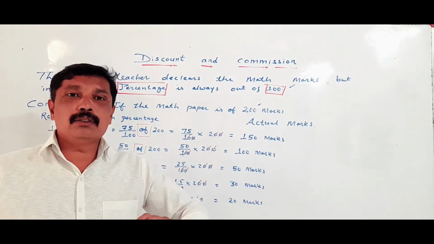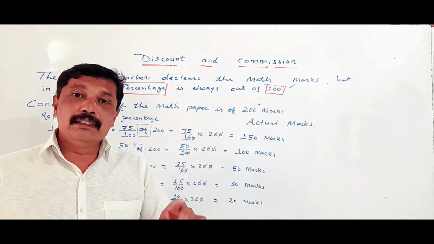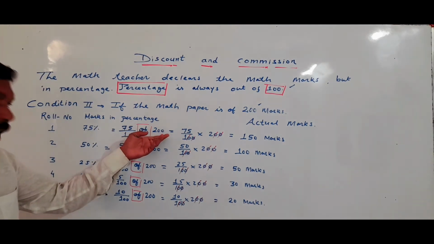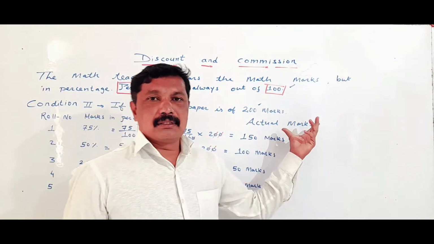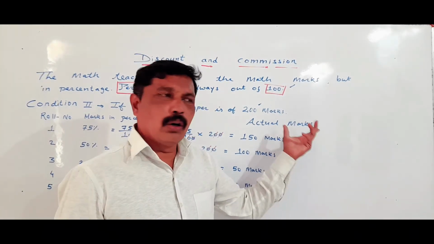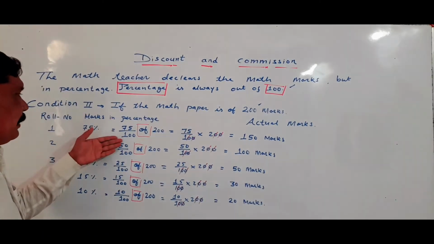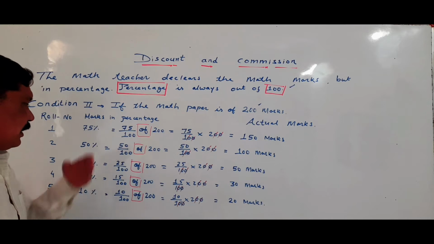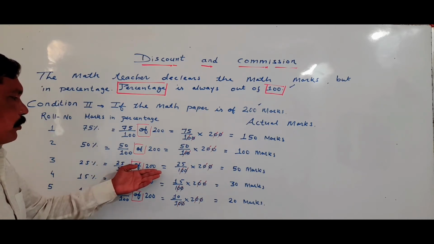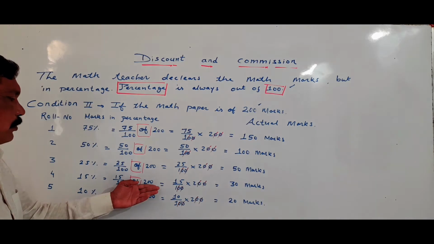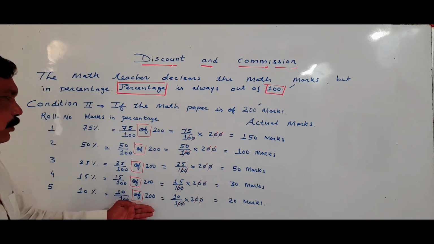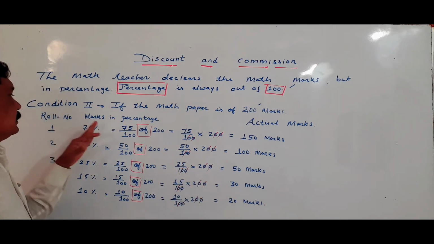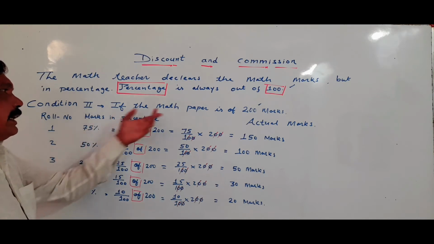But this percent is of a certain value, and if we consider the maths paper to be of 200 marks, then to calculate the actual marks which the student has scored, we can write it this way: 75% of 200, 50% of 200, 25% of 200, 15% of 200, 10% of 200. Of means multiplication.